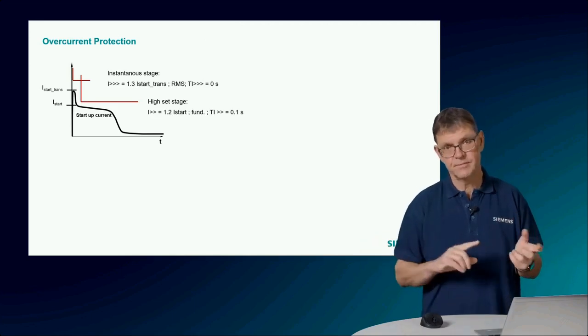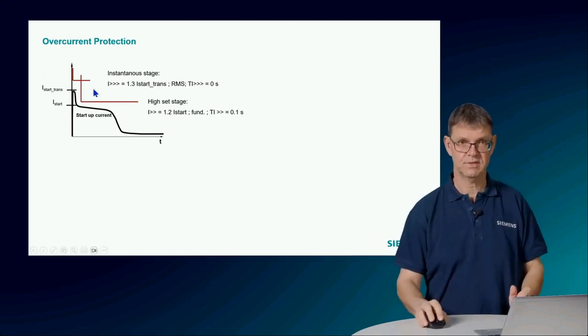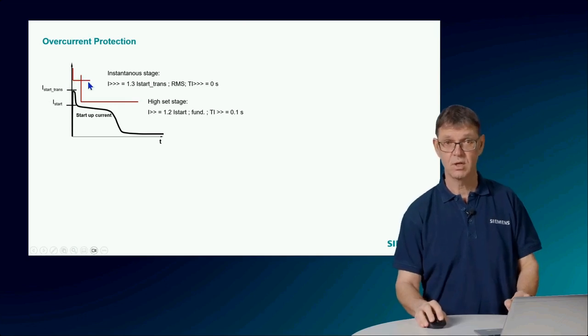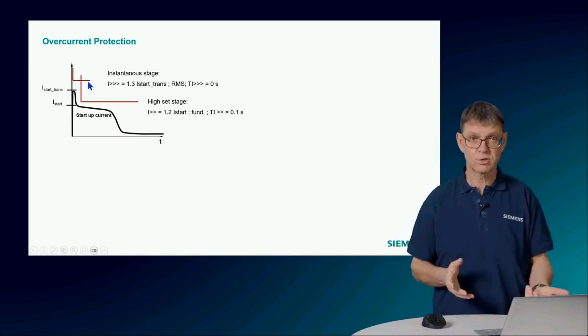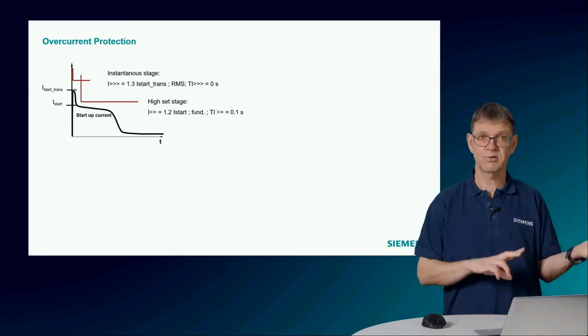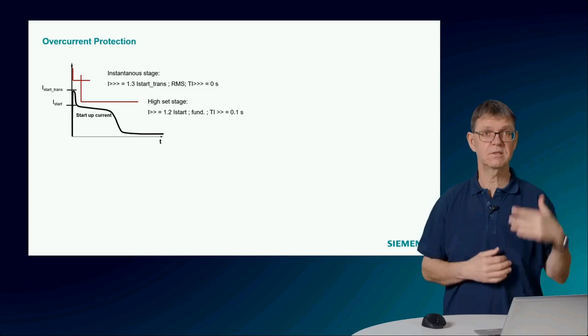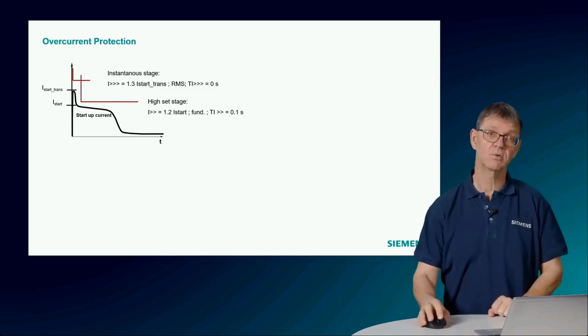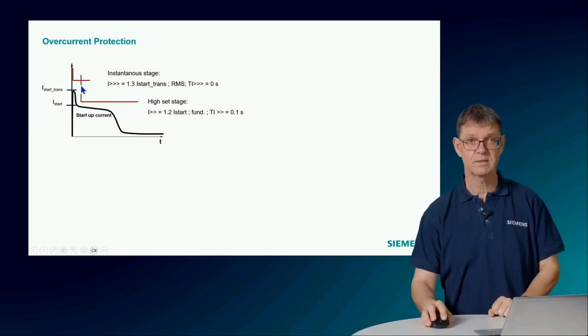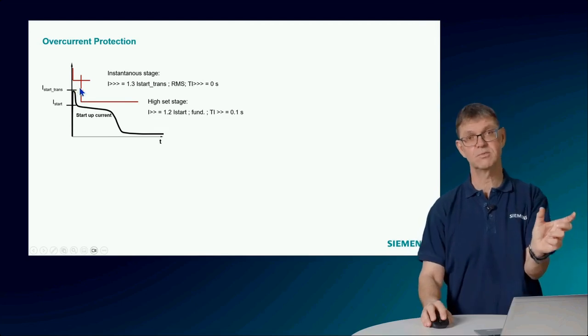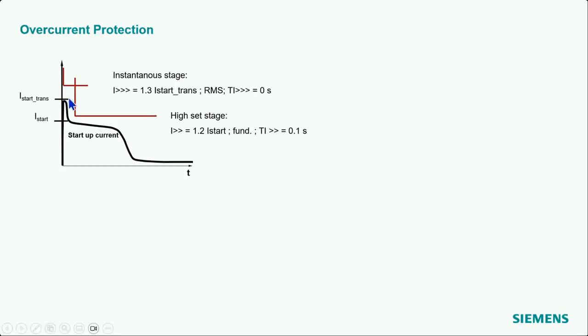The delay and also the level of the setting of the other stage we can test out during the commissioning of the motor. We can make some fault records and then see how big this peak really is in reality, and then adapt our stage. And also we can see how long the time is for this peak, and adapt our delay time accordingly.